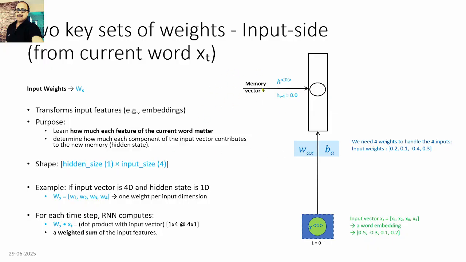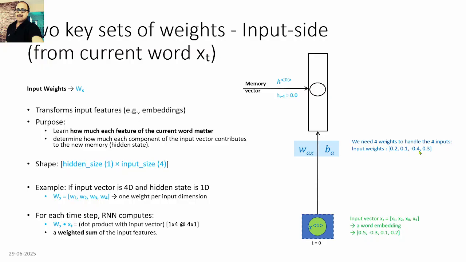For example, in this illustration, we have a hidden size of dimension 1, and the dimension of the input vector is 4. So the shape of the weight matrix is going to be 1 times 4, or one row of 4 columns. For example, here 0.2, 0.1, minus 0.4, and 0.3.